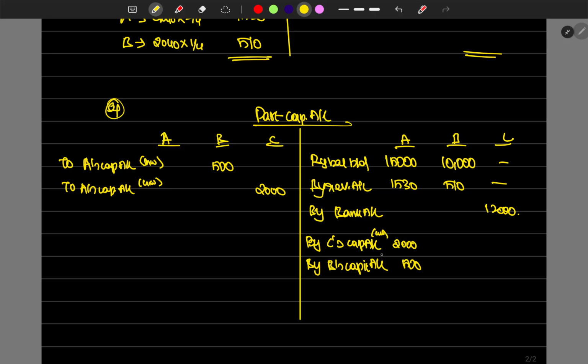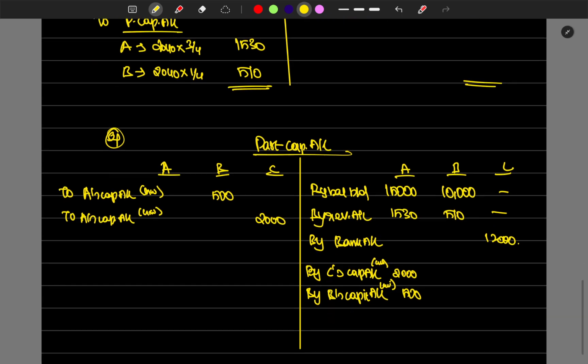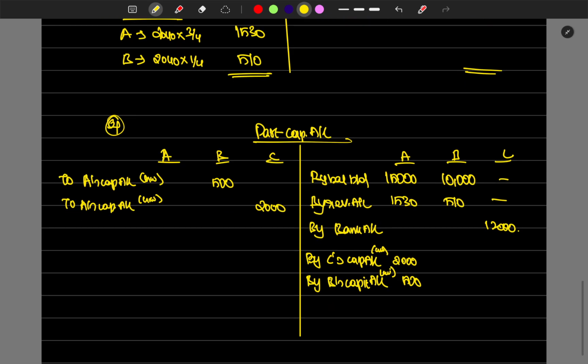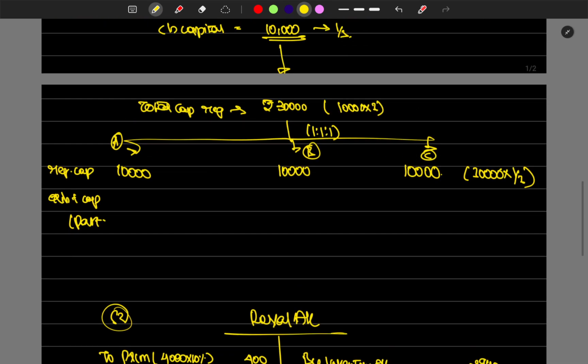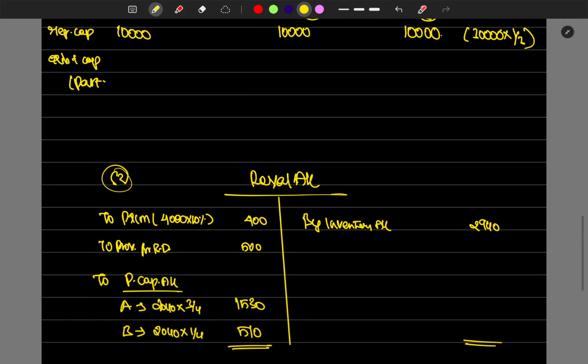Okay, goodwill, right? Then what else? We have transferred the goodwill also. Then that's it. We have to prepare the proportionate capital requirement now.